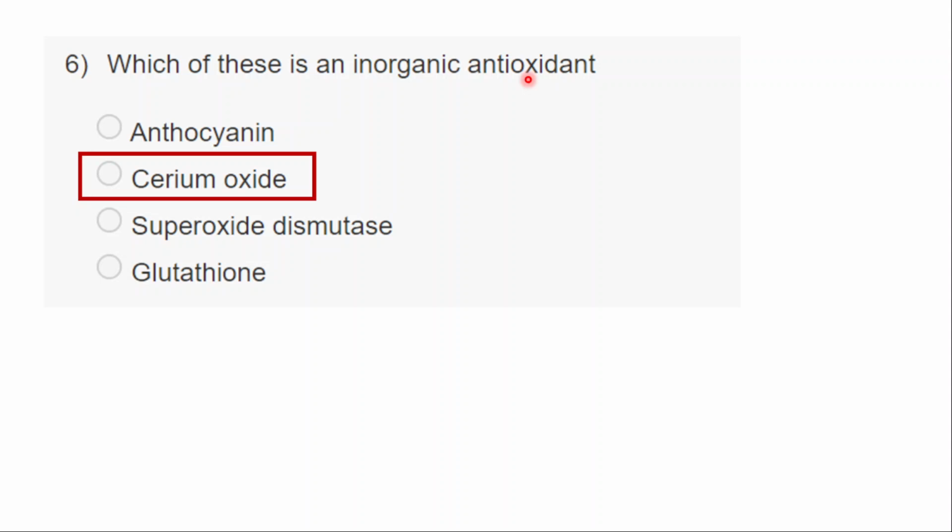Anthocyanin, superoxide dismutase, glutathione, all these are biological pigments or enzymes or proteins. But cerium oxide is an inorganic molecule consisting of cerium as a metal, oxides of cerium. So we also have cerium oxide nanoparticles. So cerium oxide is the correct answer. It's an inorganic antioxidant.